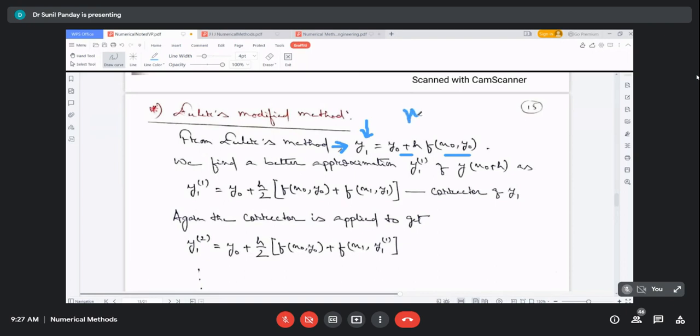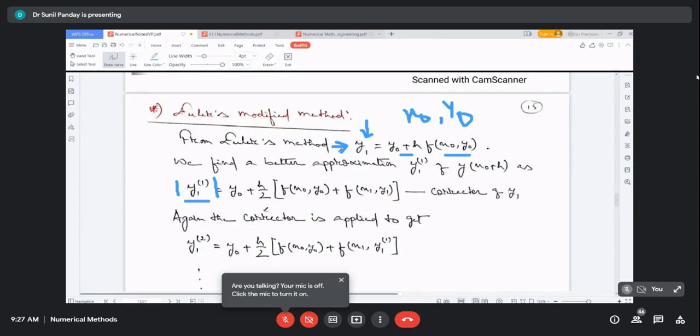From x naught y naught you are calculating y1, but you want a better approximation of y1. So to get the better approximation of y1, we will write this y1 with bracket 1, that is, we are trying to get the first better approximation of y1. This is the modification in Euler's method.